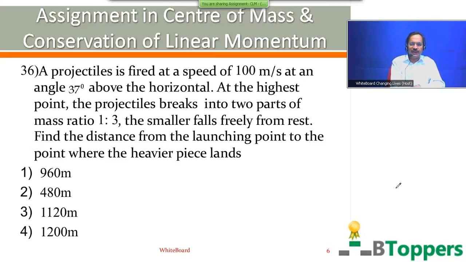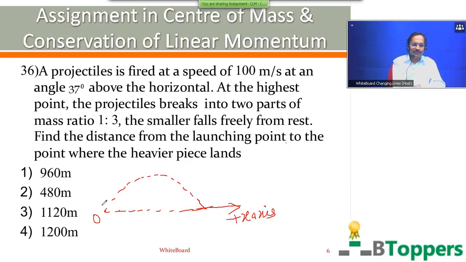Let R denote the horizontal range of the projectile in case it does not explode. I choose the horizontal direction passing through the point of projection as the positive x-axis towards the right, that means in the direction of the motion.